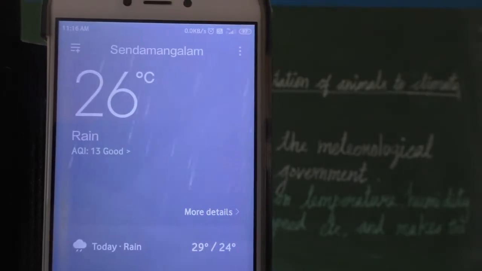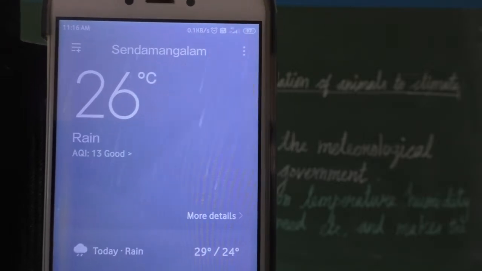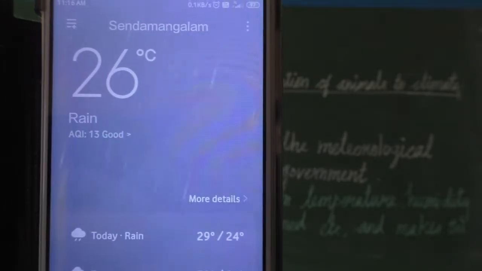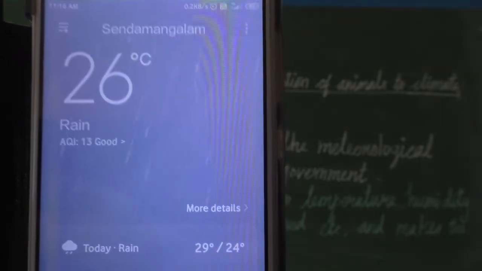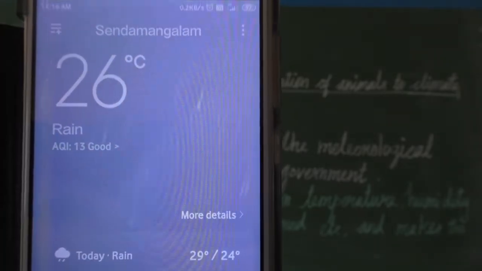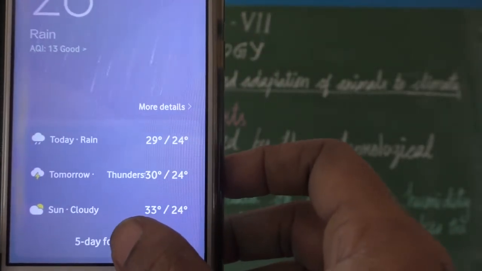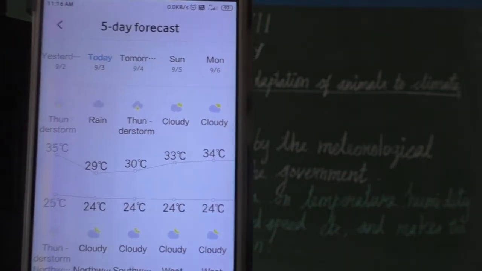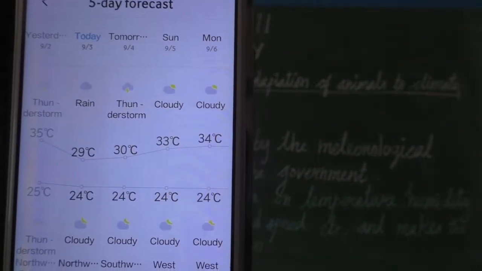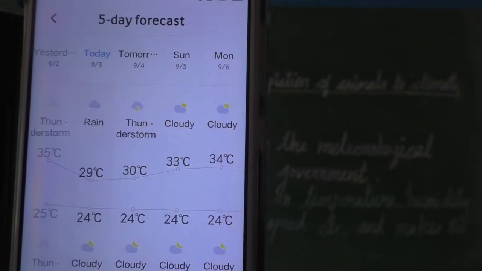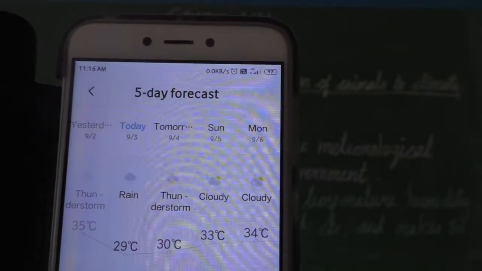See children, this is today's weather report, September 3rd. Here they have given the next 5 consecutive days' weather report. Check the temperature.